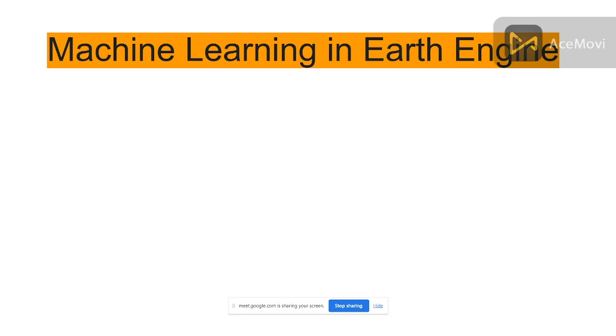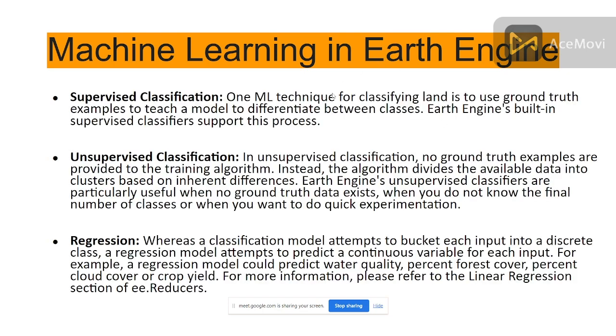It is mainly a field of study in artificial intelligence concerned with the development and study of statistical algorithms that can effectively perform tasks without explicit instruction. In Google Earth Engine, we mainly use machine learning such as supervised classification, unsupervised classification, and regression.